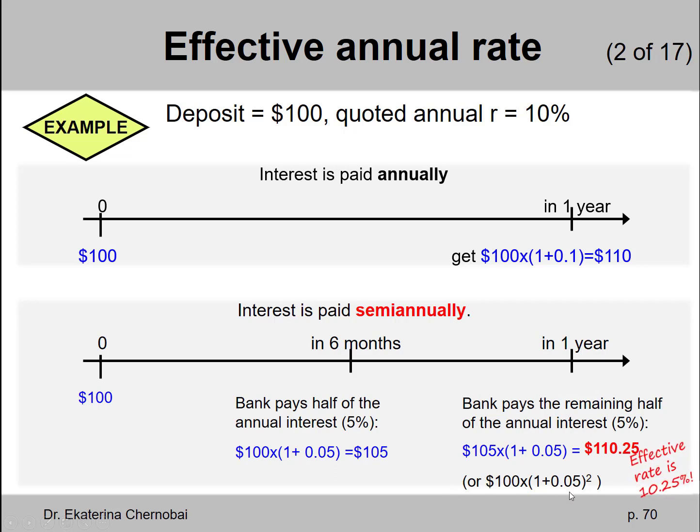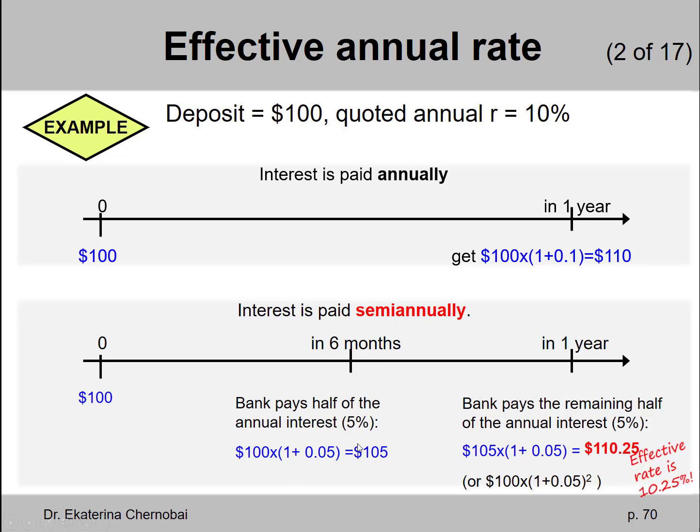And I also show how you could calculate $110.25 slightly differently, where you basically say that on your initial amount of money, $100 deposited now, you earn a 5% interest once, and then you earn a 5% interest for the second time on top of what you had half a year earlier.